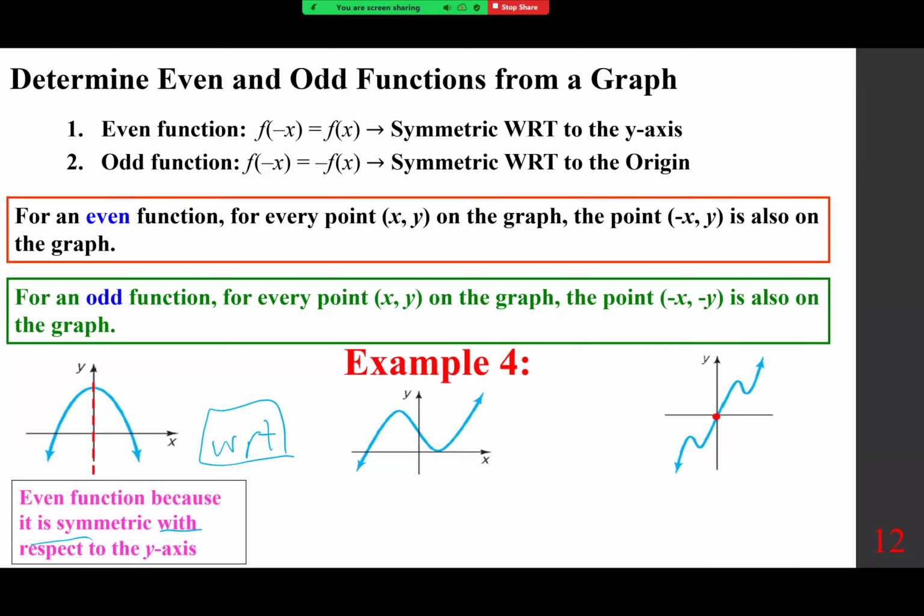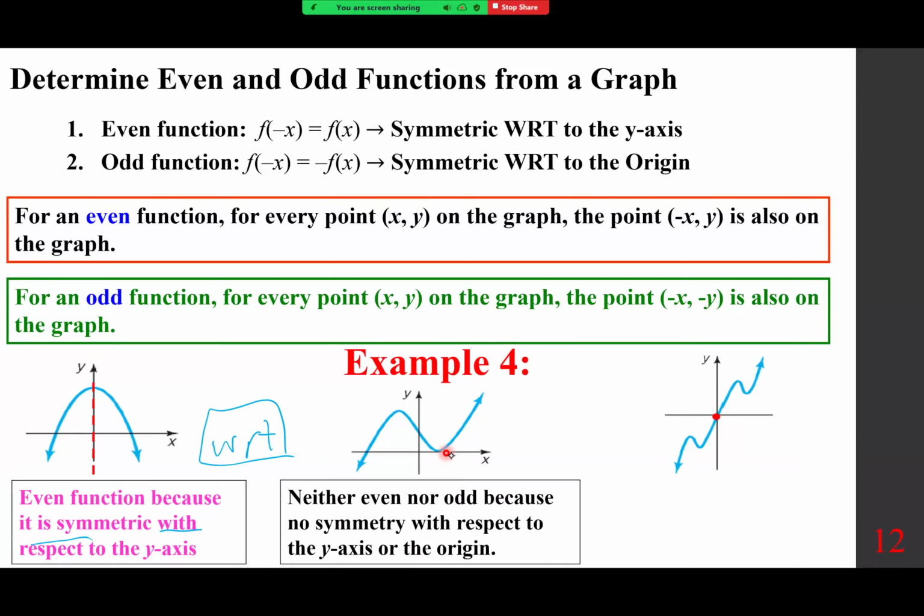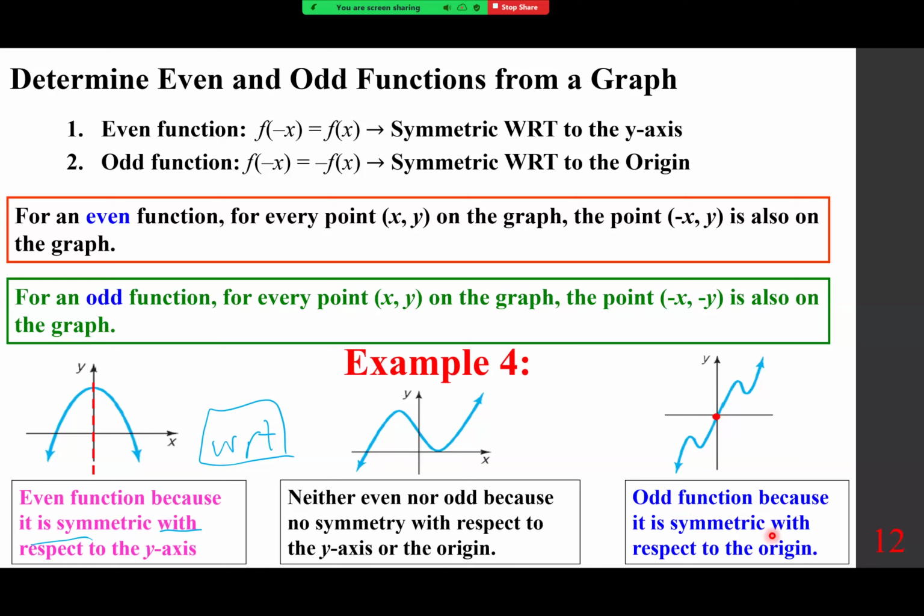Stands for with respect to. In this case, it's neither even nor odd because no symmetry with respect to the y-axis or the origin can be seen. And this one, there seems to be symmetry with respect to the origin, therefore it's an odd function because it is symmetric with respect to the origin, as we can see from the graph.